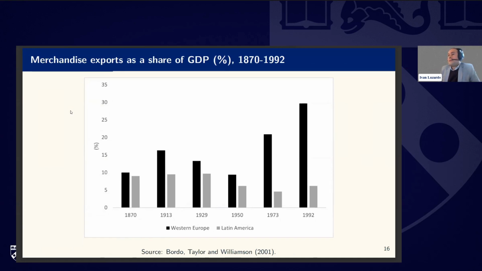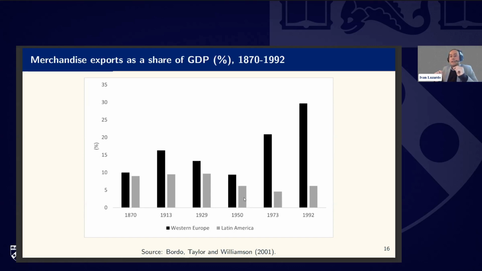And what we can see here is that merchandise exports as a share of the GDP were lower in the case of Latin America if we compare with Western Europe, but that measurement was higher than during the export-led growth period, that of the second half of the 20th century.